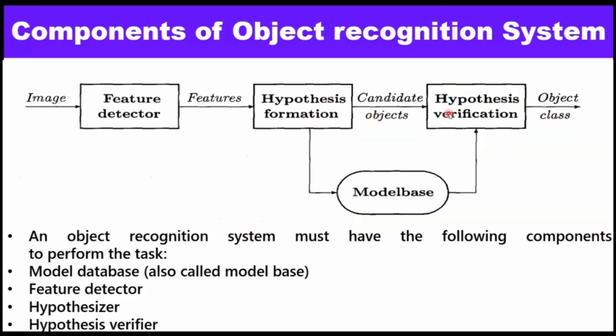These candidate objects are provided for the verification process as well as the model database process. Now the model database process will send all these parameters. One by one, our candidate image will be verified or matched with all these possible objects, and where we get maximum identification, maximum matching similarity, then the object will be declared.